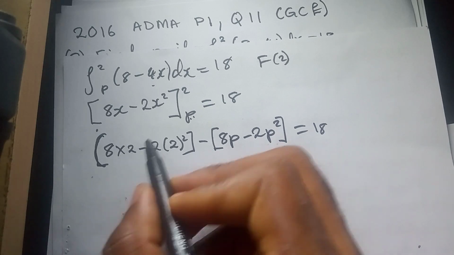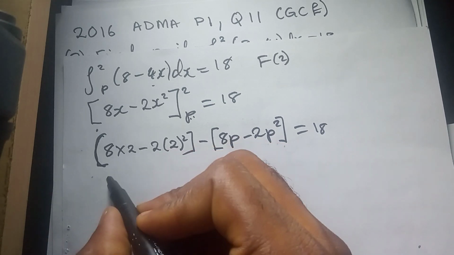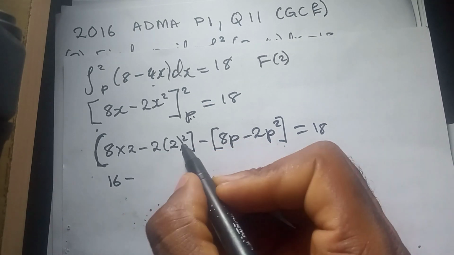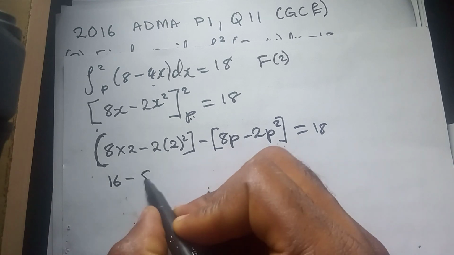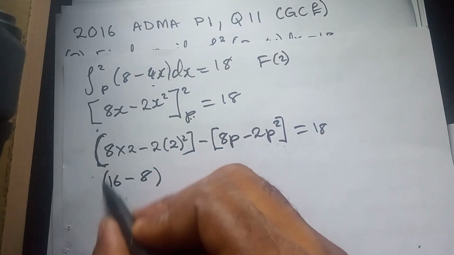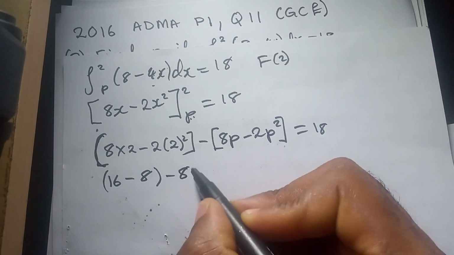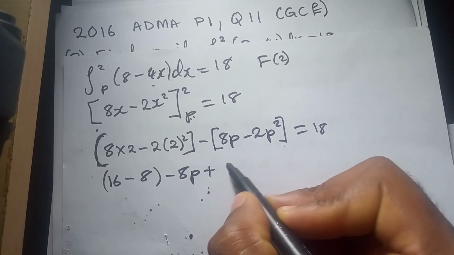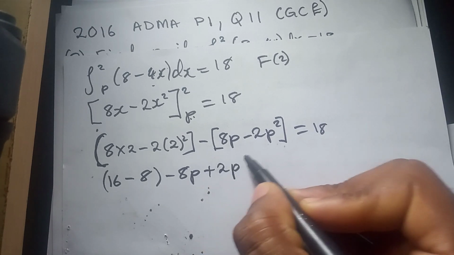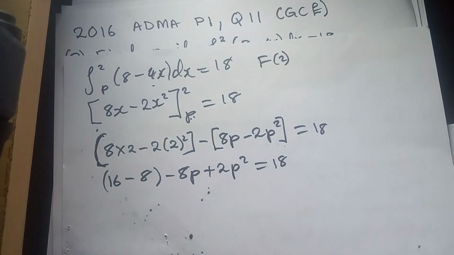So now we can evaluate this. This is 16. This one is an 8. And then minus, this will be 8p plus 2p squared, which is equal to 18.